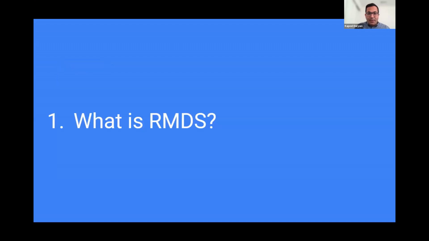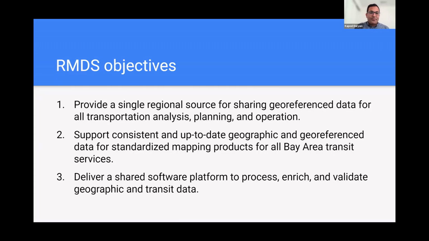So, what is RMDS? Our goal or objective for RMDS is that it will be a single regional source for sharing georeference data within the San Francisco Bay Area region. It will facilitate transportation analysis, planning, and operation.